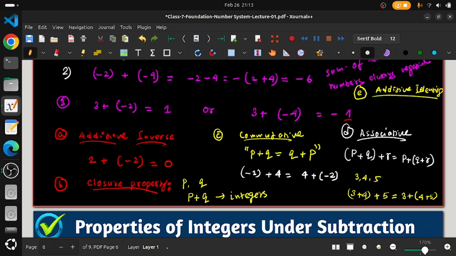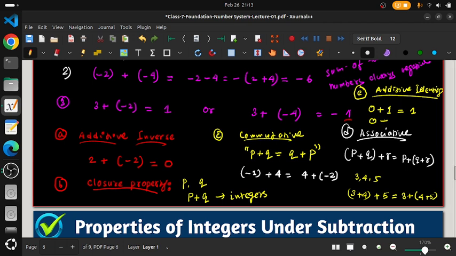The meaning of the additive identity: in the case of addition, 0 we call the additive identity. Why is 0 the additive identity? Because if you add 0 to any number, you will get the same number only.